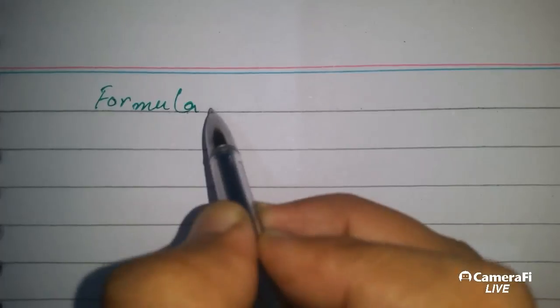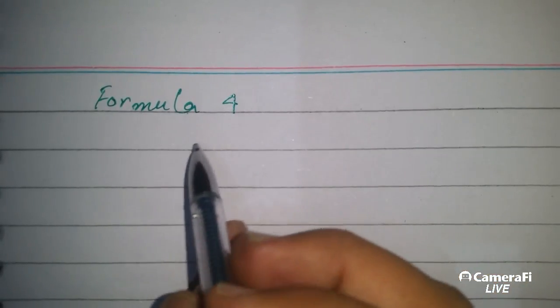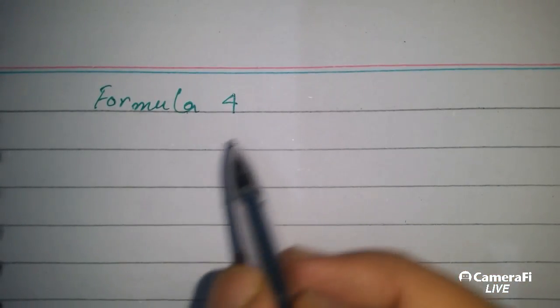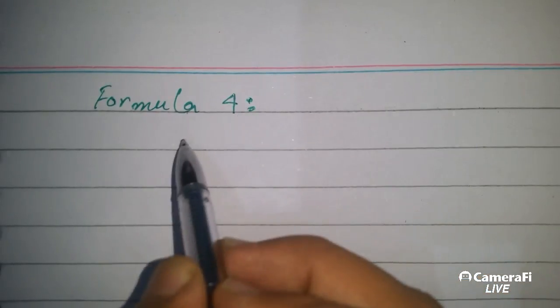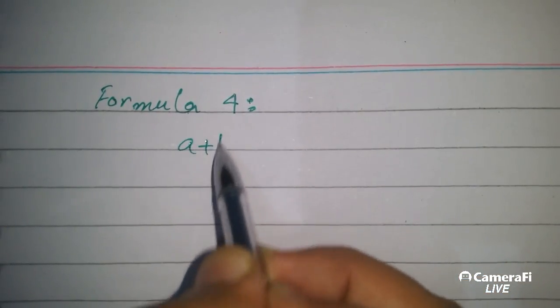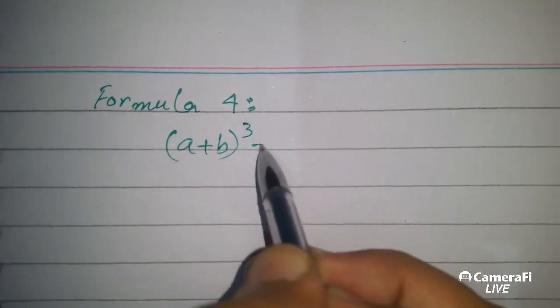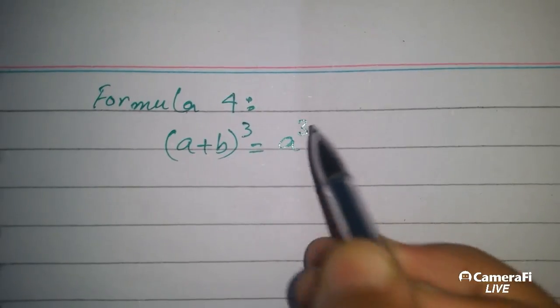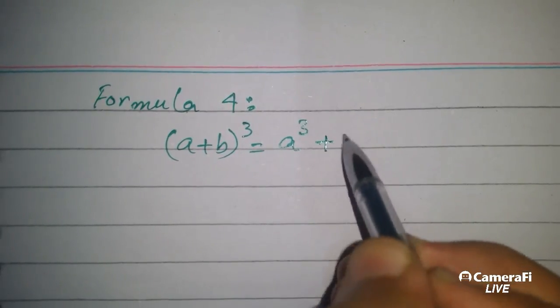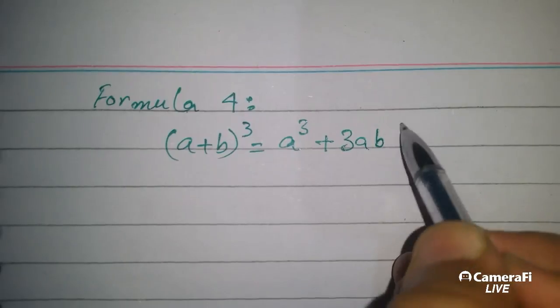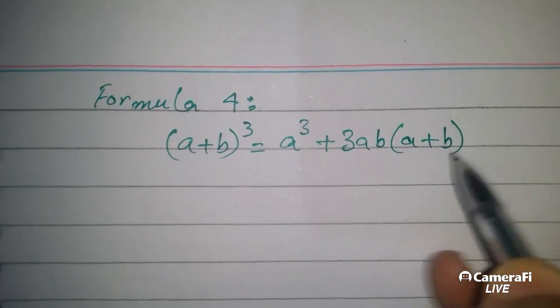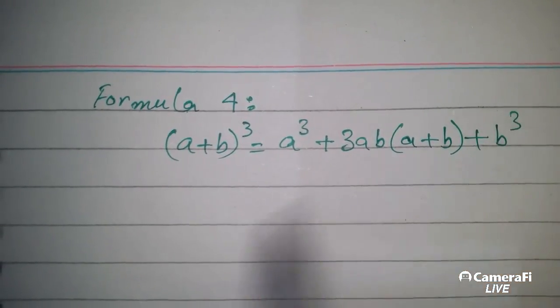Formula number 4, cubic formula. (A plus b) whole cube equals a cube plus b cube plus 3ab into (a plus b).